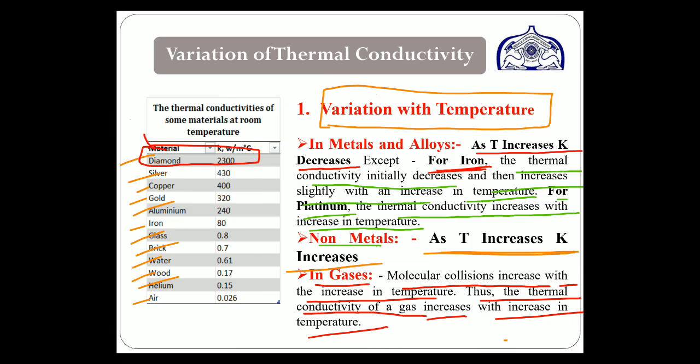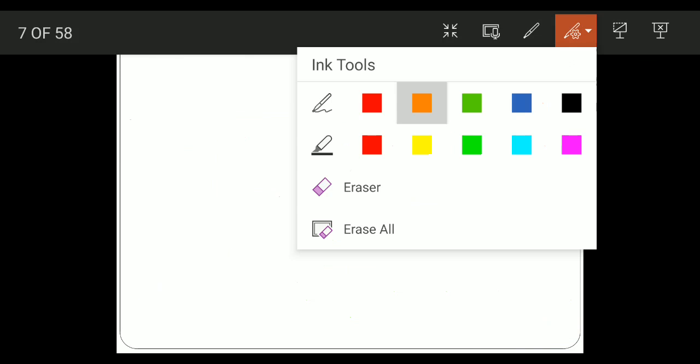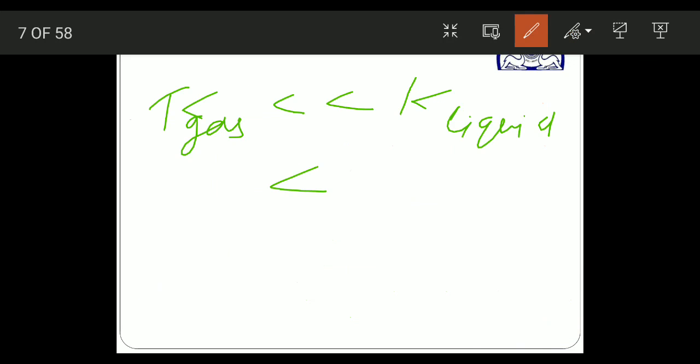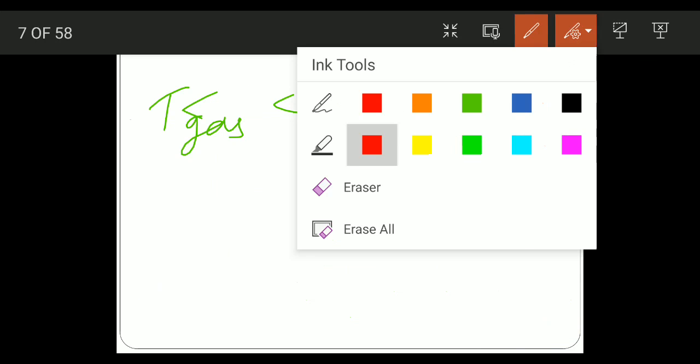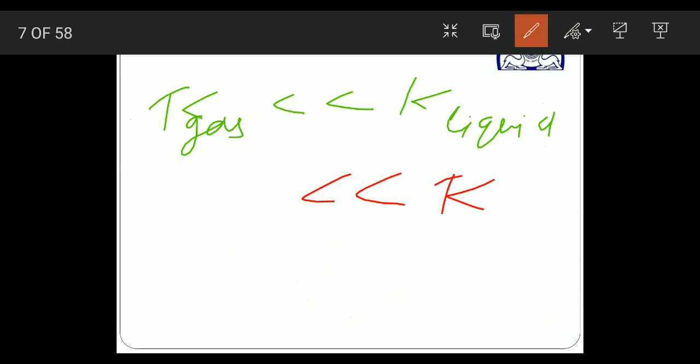In gases, the molecules in the structure are in random positions, very disordered, and that's why the thermal conductivity of gases is very much less than that of liquids, which is again less than that of solids.